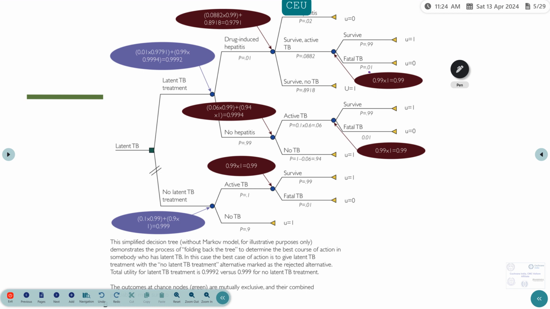Then we fold back here: 0.882 into 0.99 plus 0.8918 and 0.082, and that will come to this node. We keep folding back until we come to the total probabilities for each arm of the decision tree. Here we can see the total probability is 0.9992 versus 0.99, so it's almost the same on both arms.